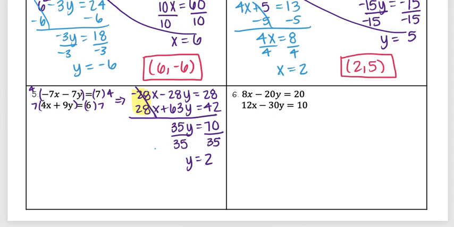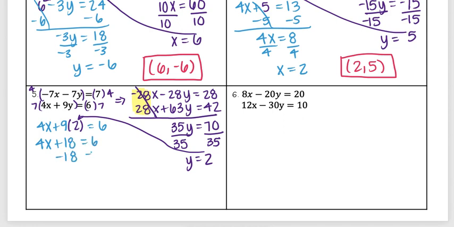So I have my y. Now I need to find what my x is. I'm going to go ahead and just use this bottom equation again. So I have 4x plus 9 times, well, instead of y, I know that y is equal to 2. So I just substitute that in. It's equal to 6. Well, 9 times 2, I get 18.